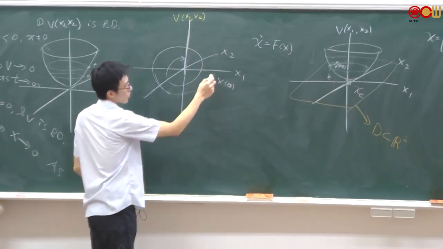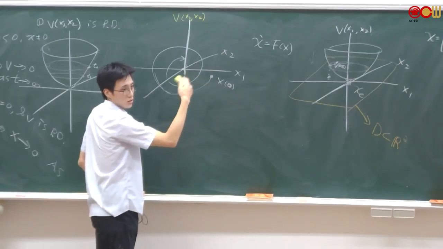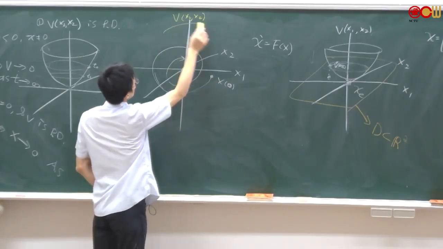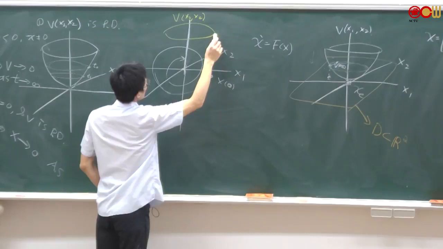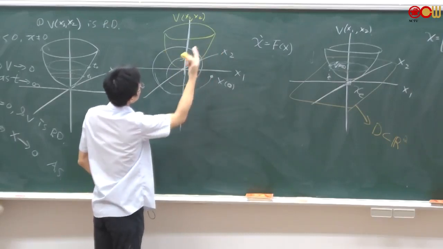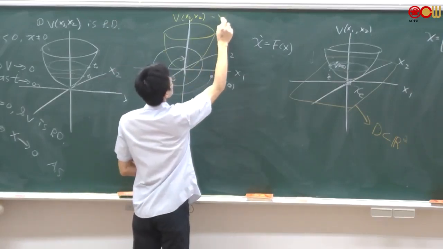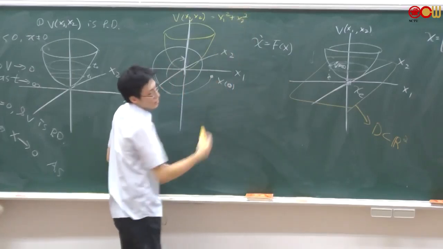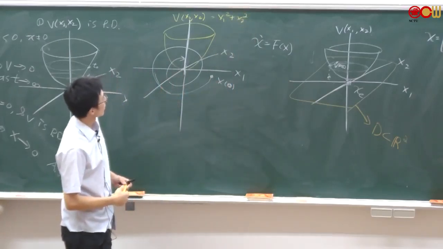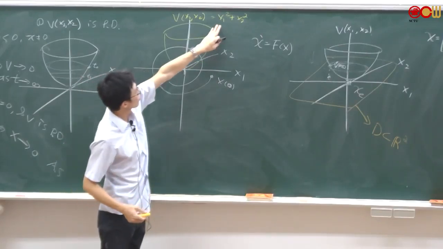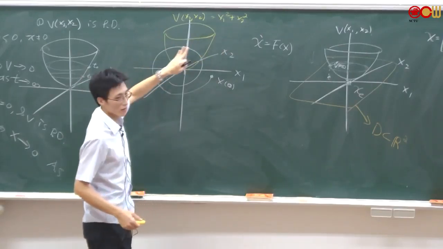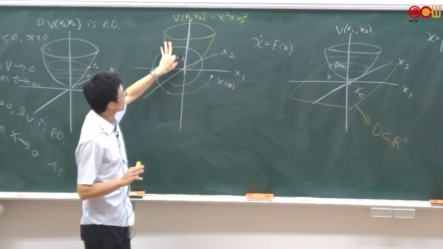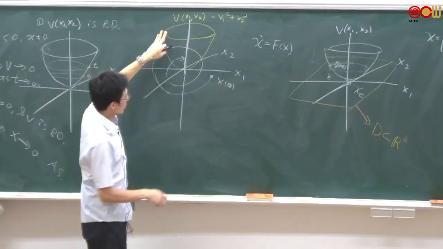And each point on the x1, x2 plane has a mapping, right? If you define this function, you can choose the function. For example, x1 squared plus x2 squared, or whatever is positive definite, right? In this example, for x1 squared plus x2 squared, it's this kind of shape. So everything in yellow is virtual.